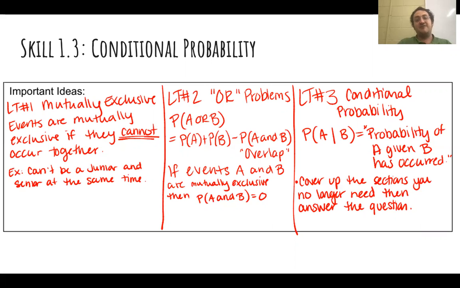If you do not already have these from your 1.2 notes, make sure that you do, because these are pretty important in defining what it means for something to be mutually exclusive, what you do with the OR problems, how you add the two probabilities and then subtract the overlapping case. And then we're really going to be focusing on conditional probability. So what's the probability of A given that B has occurred? And of importance is covering up the sections that you no longer need, and then you just answer the question.